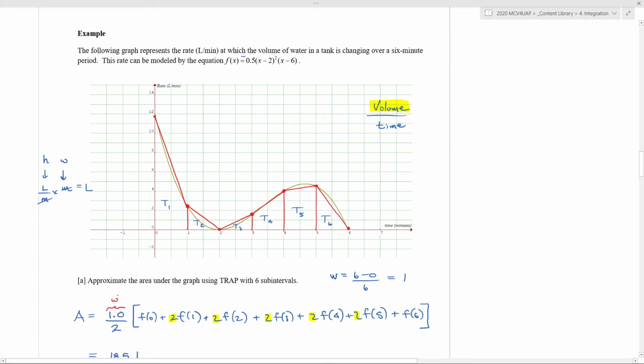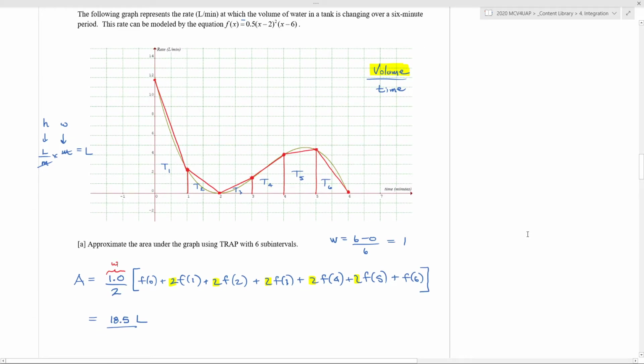If you go back and look at the trapezoidal approximation examples I did, I just skipped right to the last step to save some time. It's always going to be the same. It's going to be W divided by 2 multiplied by f at 0, and then 2 times all the ones in between, and then f at the last point, which is f at 6. If I sub all those values into that function, using the calculator, I got 18.5 liters.